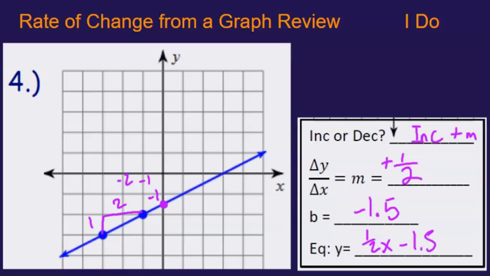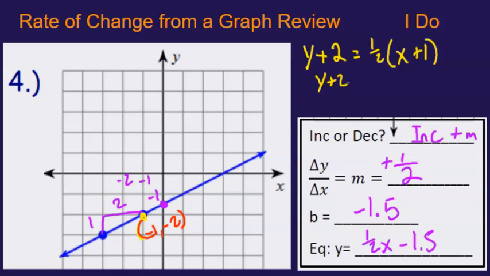A way to check to make sure that that is the correct b is to plug it into the point slope equation. So y minus y1, we could just say this is x1, y1. So it's -1, -2. So y minus -2, which is just plus 2, equals the slope 1/2 times x minus x1, which is plus 1.